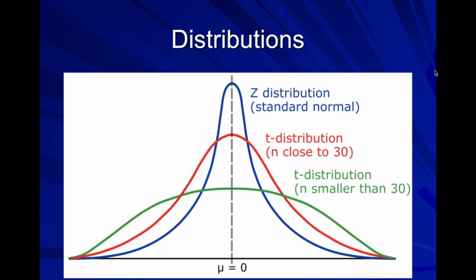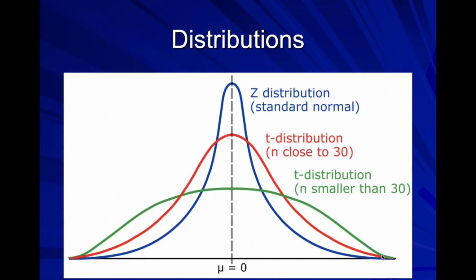So here it is. The z distribution is a standard normal, and the t distribution also looks normal. It's a bell-shaped curve. Right here it is, the red. And so the more sample size you have, right around 30, that sort of seems to be the sweet spot.